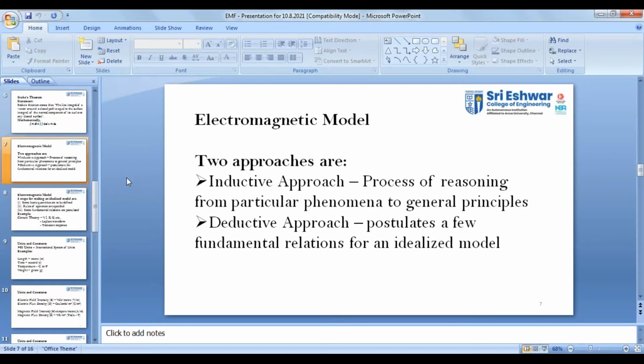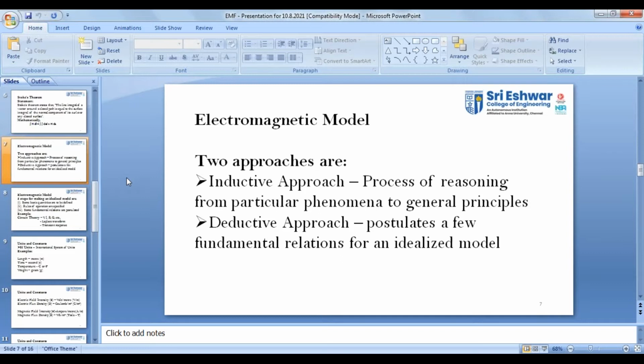There are 2 approaches available in electromagnetic modeling: the inductive approach and the deductive approach. The inductive approach is the process of reasoning from a particular phenomenon to general principles.